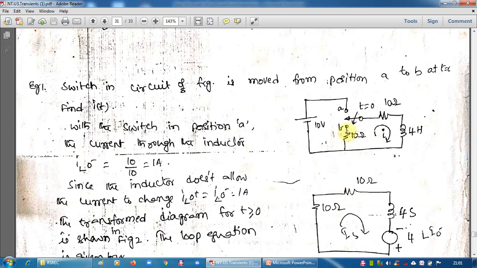For that, the switch is in A position and we can draw the circuit and determine the initial current that is required. You see that current is 1 ampere. What is that initial current? This. Why is it 1 ampere?